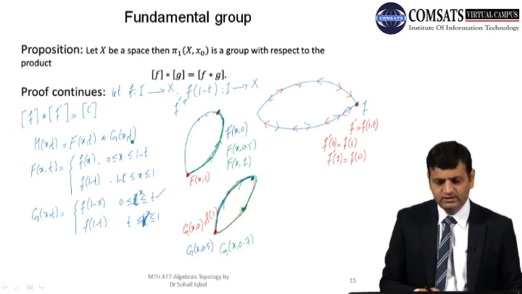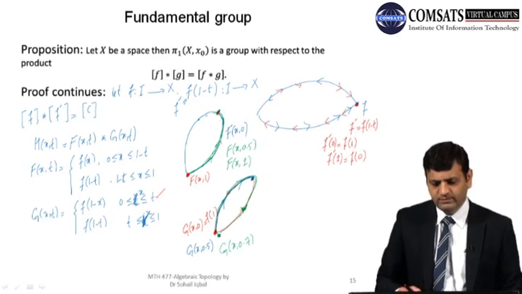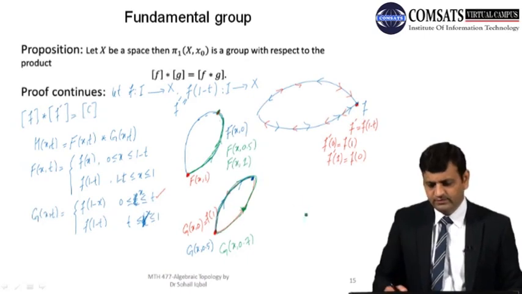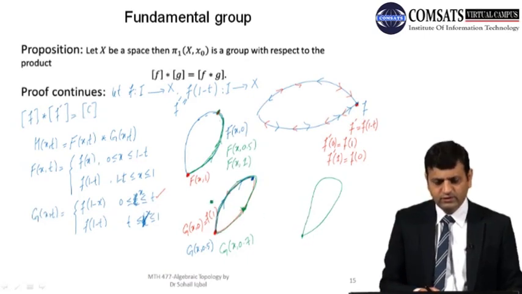As t approaches 1, we are approaching the inverse function, the opposite way of f. In f of xt we have seen that as t approaches 1 we are shortening the path to 1 point, and in this case we are starting from 1 point and going to this. So for any intermediate value of t, we will be getting things like this. We also know that when we take star of two functions, we are connecting the paths.